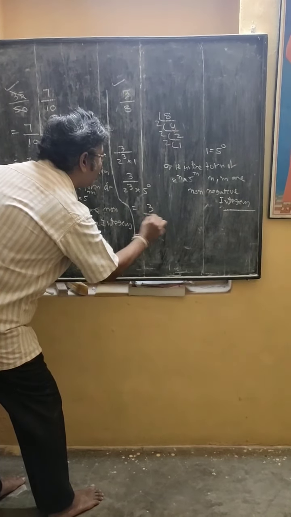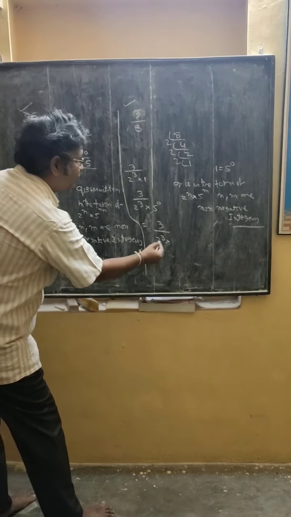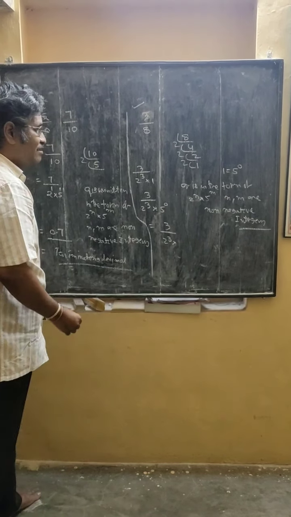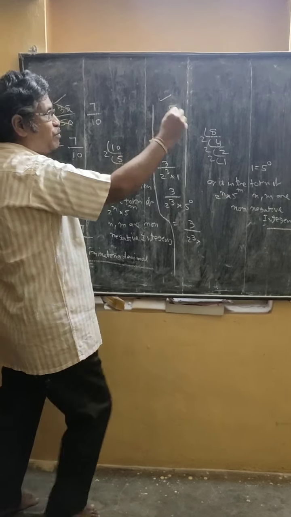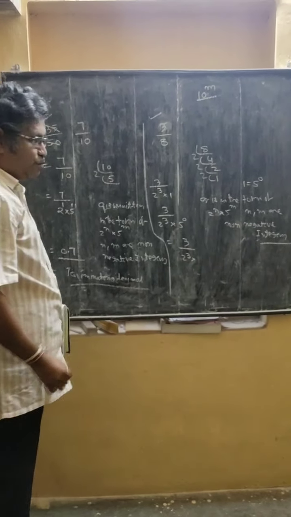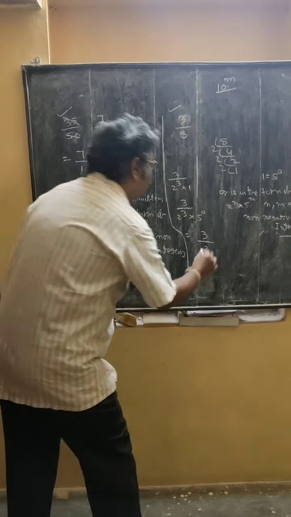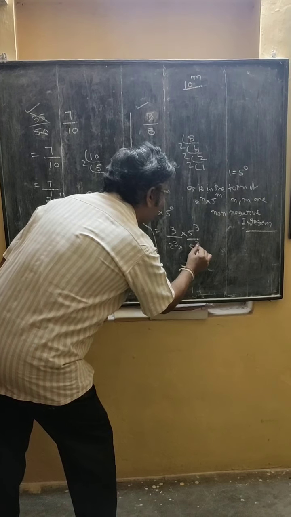Let us see now 3 by 2 cube. To convert into a decimal fraction, what is there here? 2 cube. Yesterday, remember the statement, q should be in the form of 10 power m. So multiply both numerator and denominator by 5 cube.